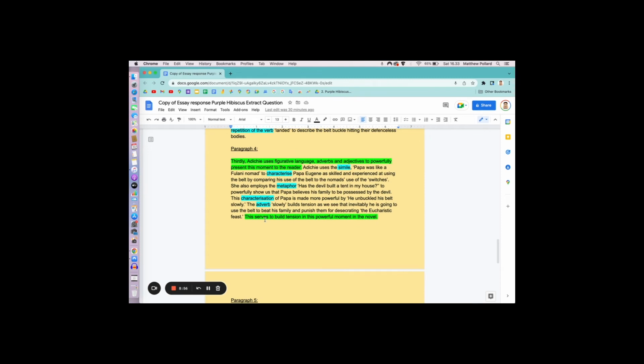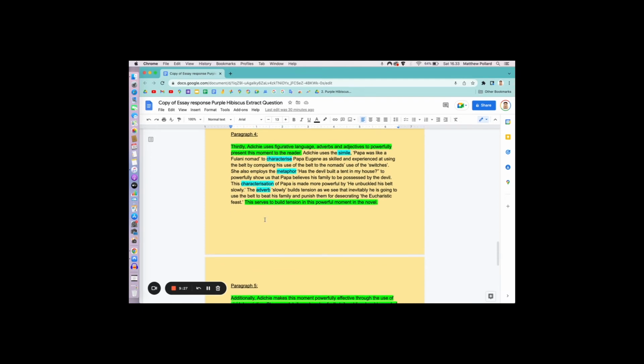Thirdly, Adichie uses figurative language, adverbs and adjectives to powerfully present this moment to the reader. Adichie uses the simile "Papa was like a Fulani nomad" to characterize Papa Eugene as skilled and experienced at using the belt by comparing his use of the belt to the nomad's use of the switches. She also employs the metaphor "has the devil built a tent in my house" to powerfully show us that Papa believes his family to be possessed by the devil.